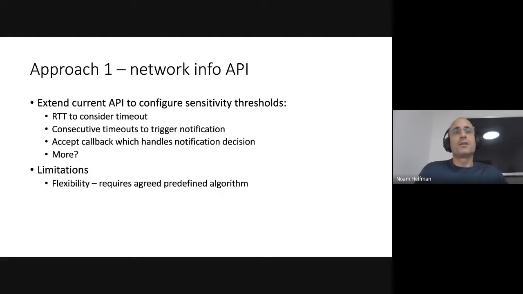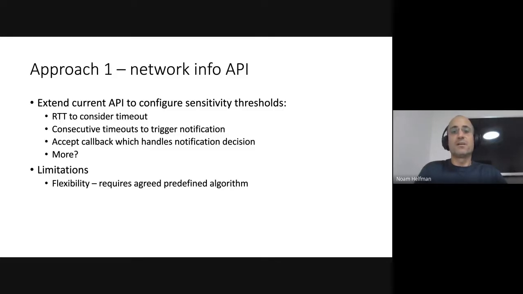is that we need to actually agree on what determines a network connection up or down, or available, noisy or not noisy. And the problem is every application might have a different threshold or different requirements for what is considered good connectivity.